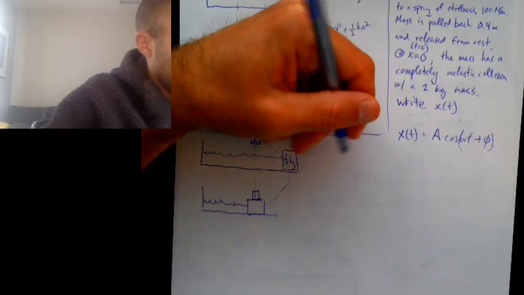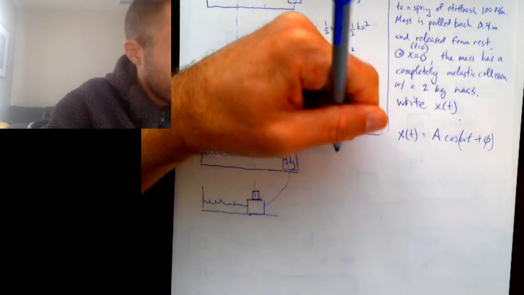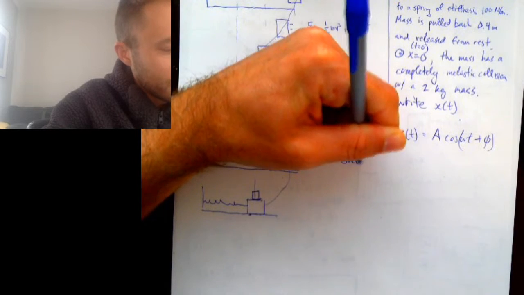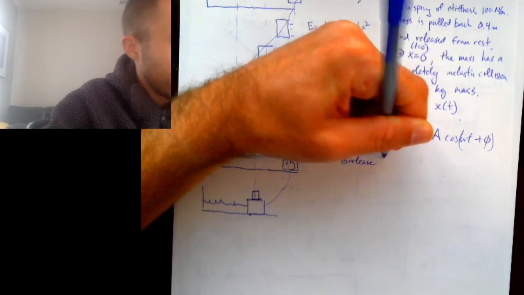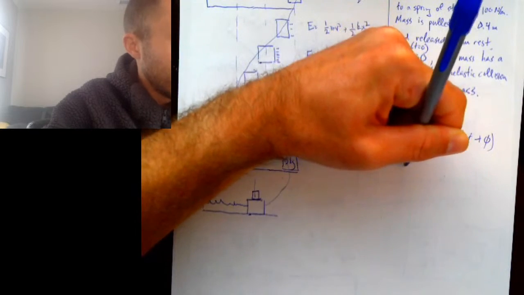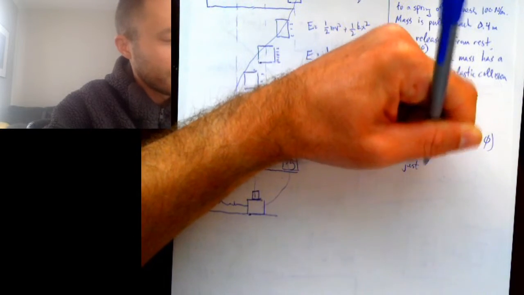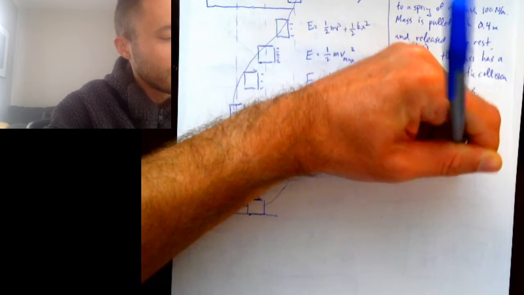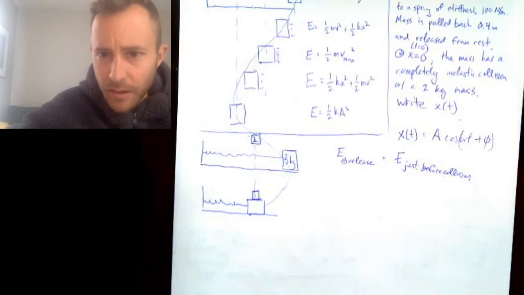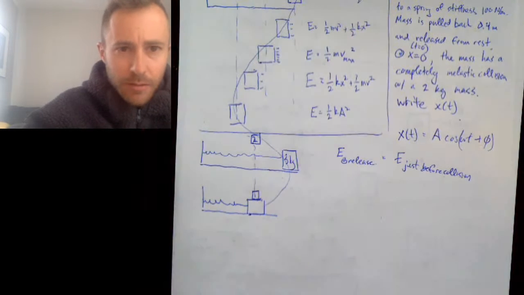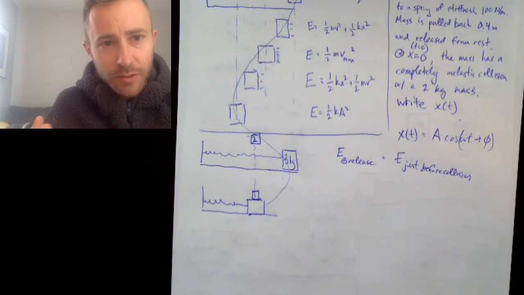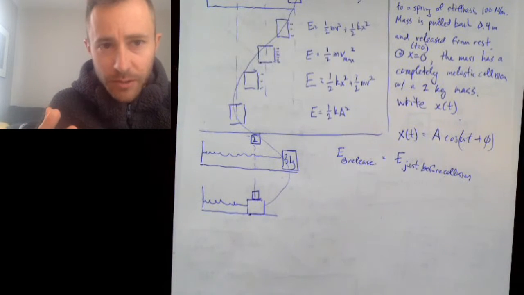So what we're going to say is that the energy at release is going to be equal to the energy just before collision. During the collision, which is completely inelastic, energy is going to be dissipated as heat.